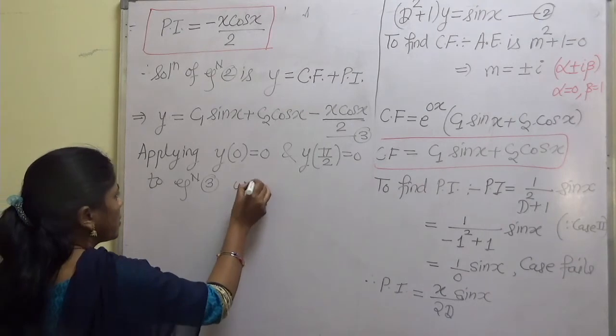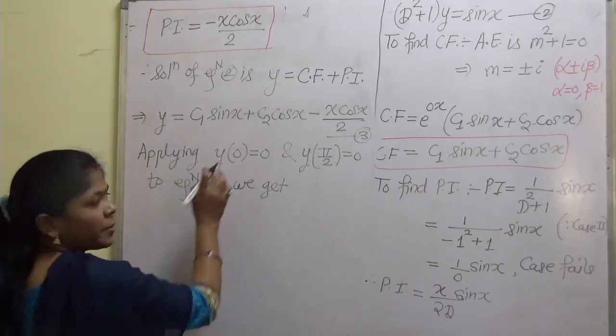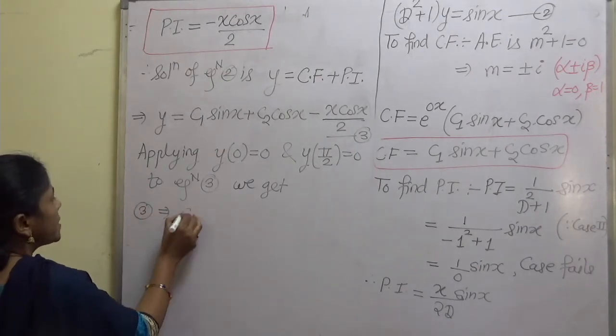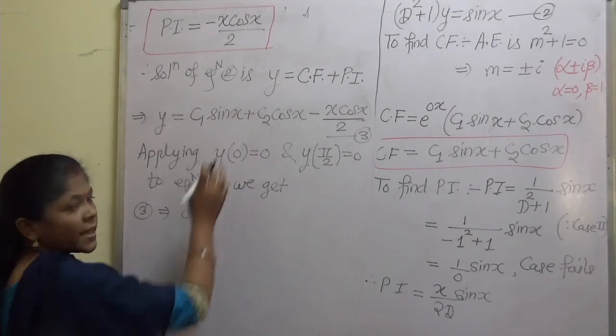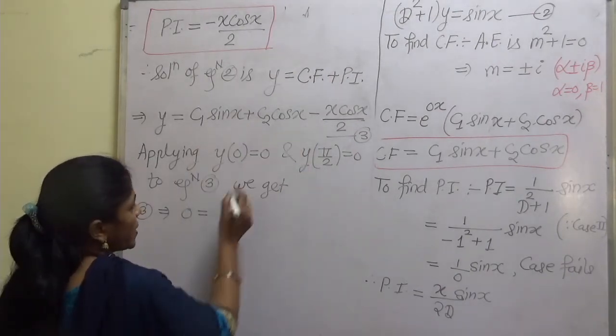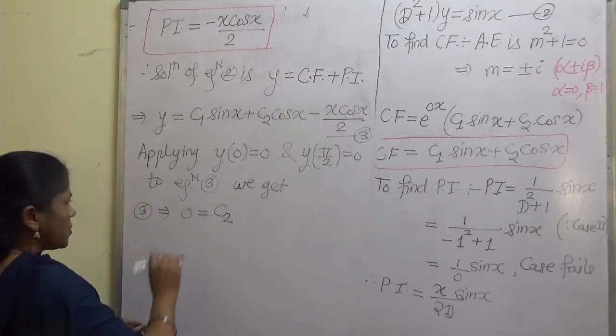Put y equal to 0 at x equal to 0. So equation 3 implies 0 equals, sin 0 is 0, so the first term is 0, cos 0 is 1, so we have c2 times 1, so c2 equals 0.